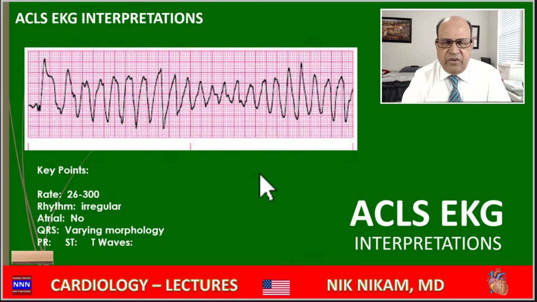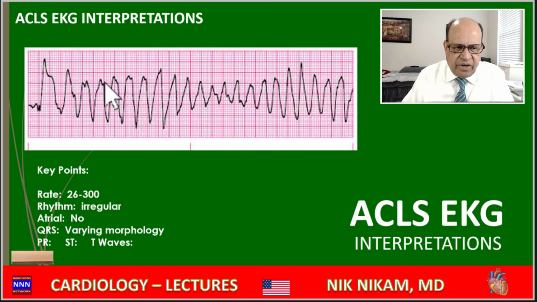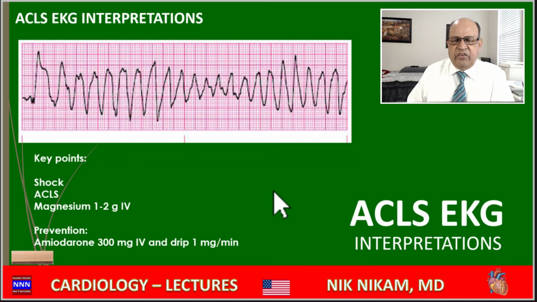What is your diagnosis and what is your treatment? This is classic of torsade, where there is a shift in the electrical axis of this ventricular tachycardia with wide QRS complexes, changing the direction. And this is torsade. The treatment for this is shock and also IV magnesium.